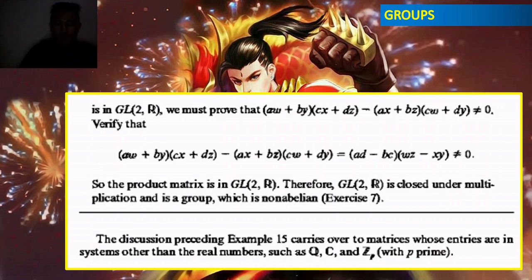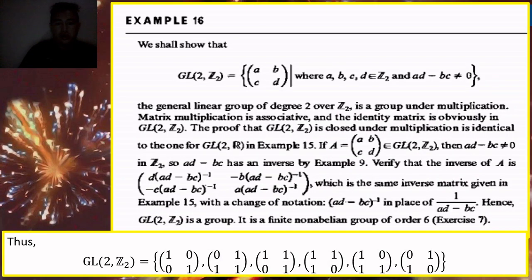Okay? So class kung Z2 pod class, GL2Z2. So this one class is the general linear group of degree 2 over Z2.